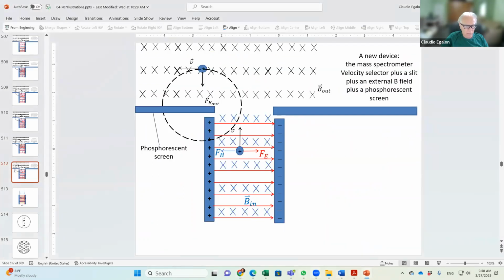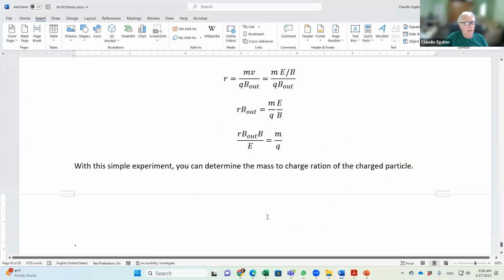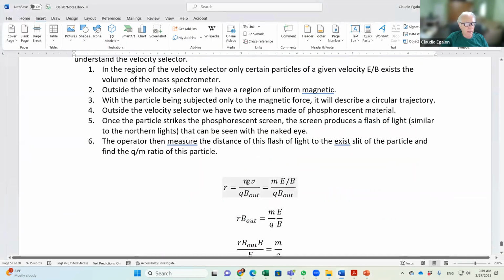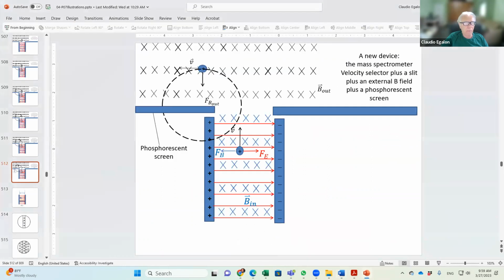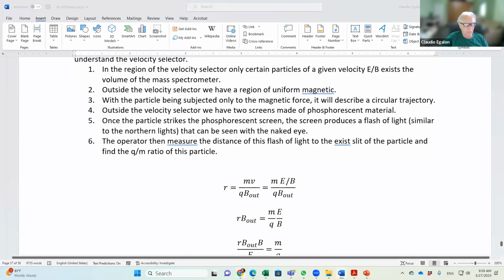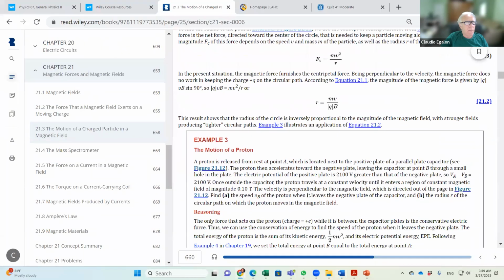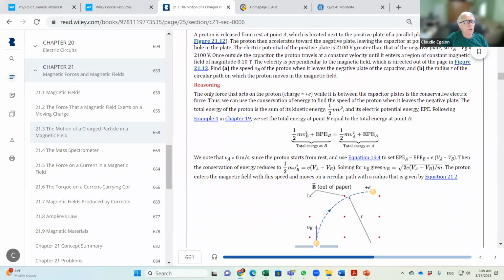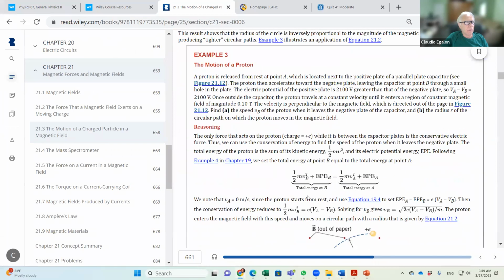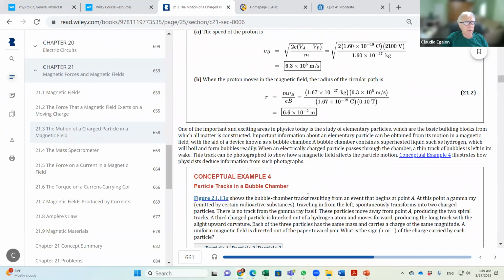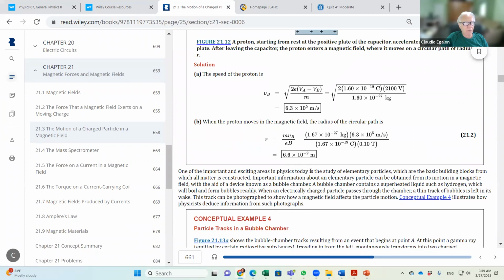MVQB. This one here. Motion of the proton. They have this example here in the book, and now they're coming up with actual numbers.